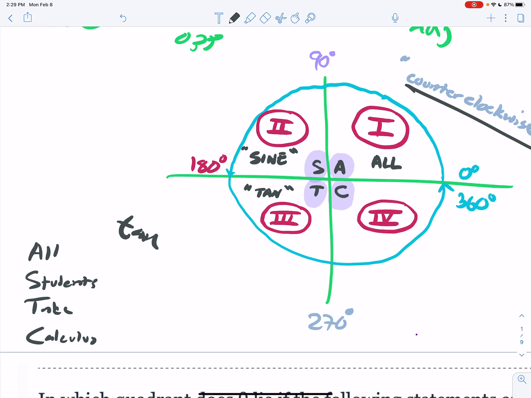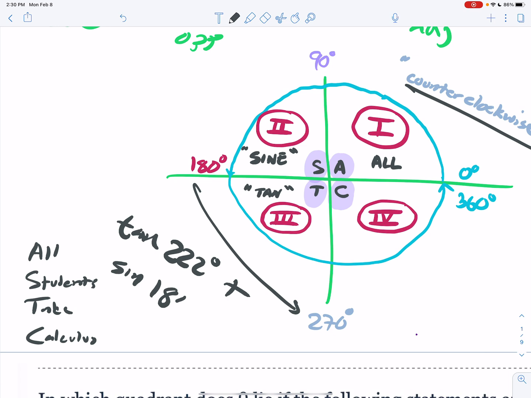Tangent of, I'm going to pick an angle somewhere between 180 and 270. Let's do 222 degrees. If you type that in, you know it's going to come out positive. If I type out the sine of 184 degrees, which is like right here, you know that's going to come out negative because only tangent can be positive there.